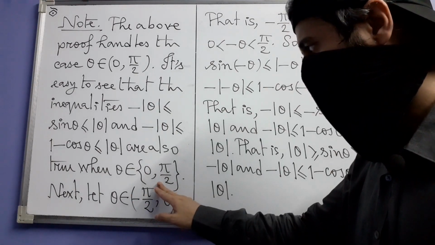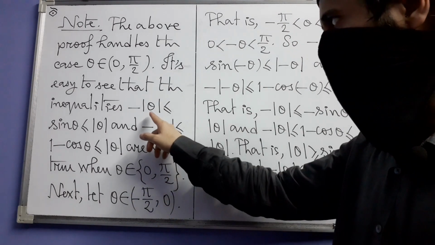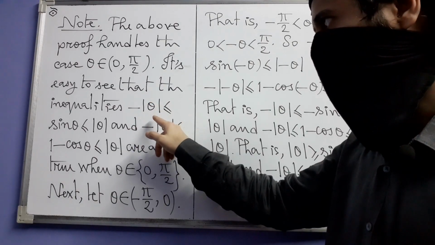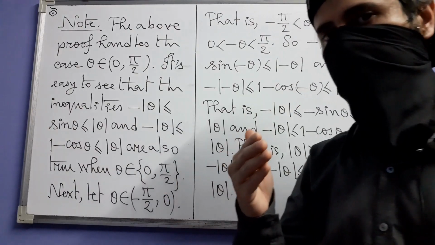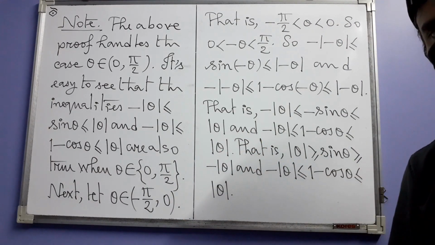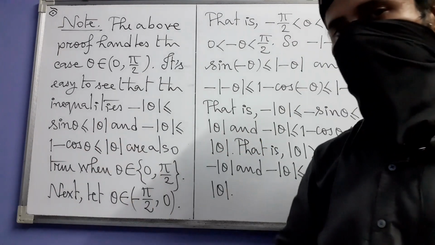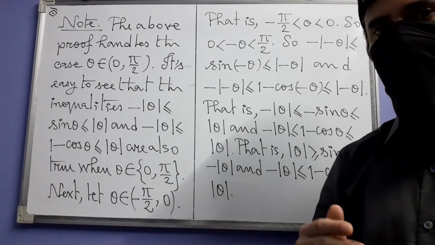What happens when pi over 2 is taken? You get minus pi divided by 2 less than or equal to sine pi divided by 2, less than or equal to pi divided by 2. Sine pi over 2 is 1.